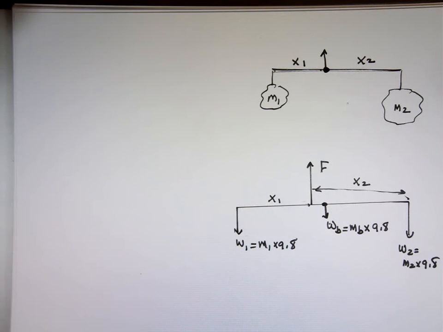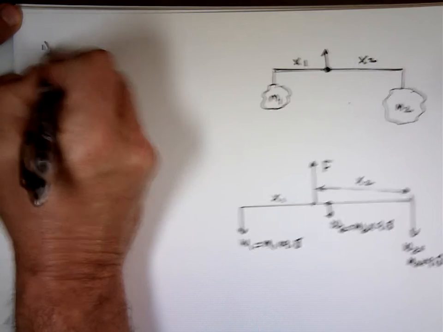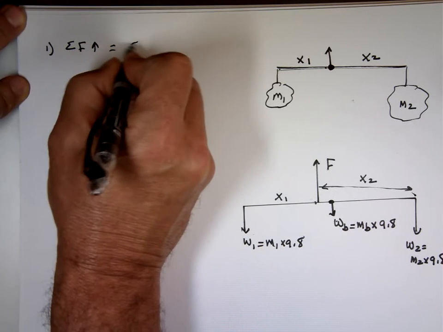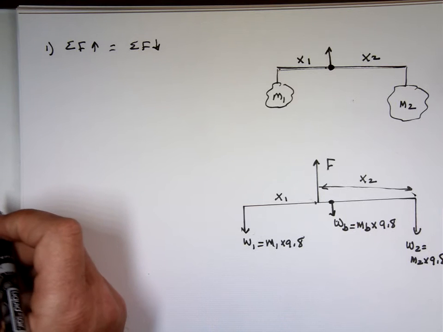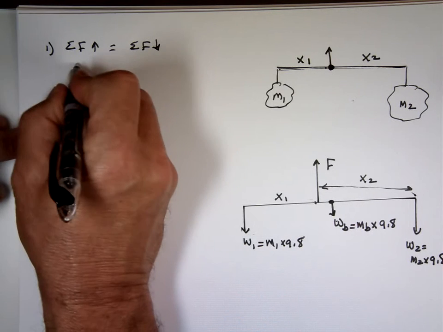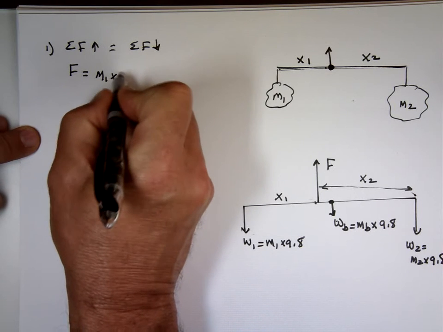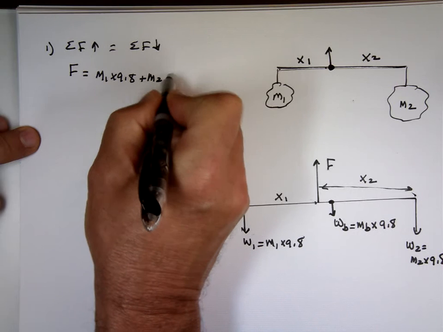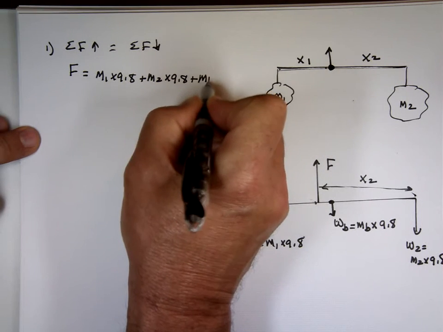Just like before, center of mass. First we do all the forces pointing upward equals all the forces down. Upward we have F, down we have what? M1 times 9.8, M2 times 9.8, and the mass of the beam times 9.8.